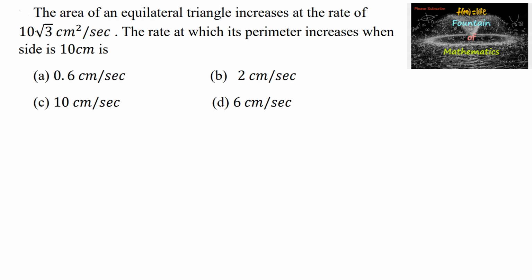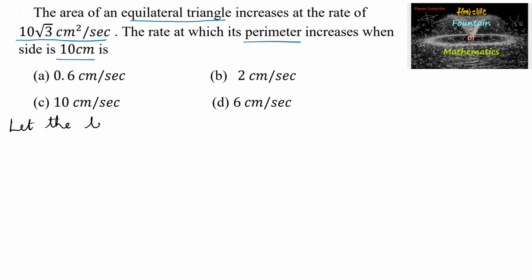The area of an equilateral triangle increases at the rate of 10 root 3 centimeter square per second. Then find the rate at which its perimeter increases when its side is 10 centimeters.